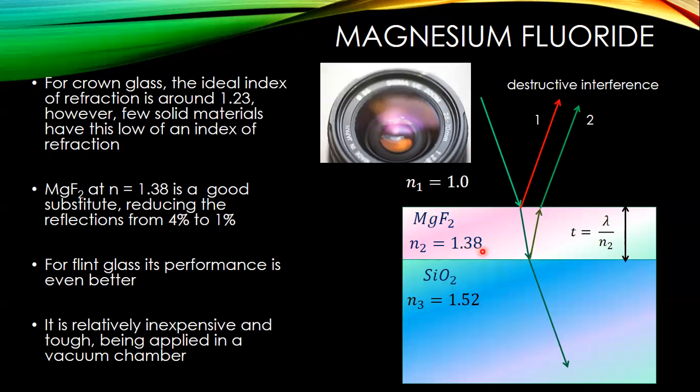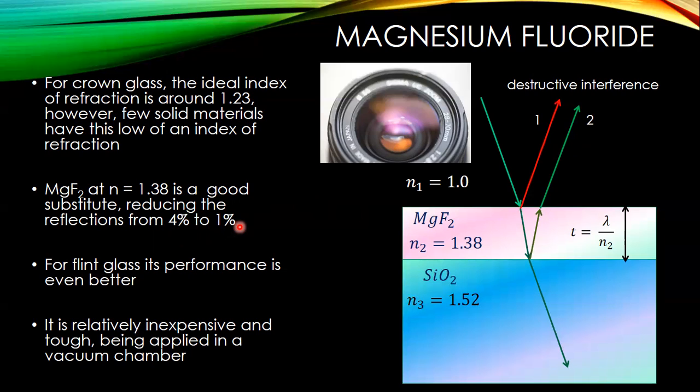It's a little bit on the high side, which means the first reflection is going to be a little bit stronger than the second reflection. So instead of it completely reducing the reflection off of the lens, it's going to reduce the reflectivity from about 4% to 1%. So it's improving our situation by a factor of 4.